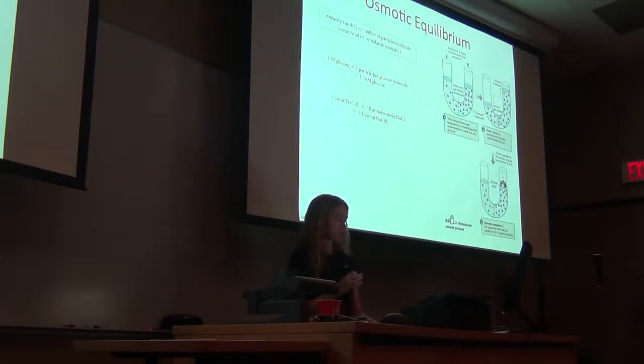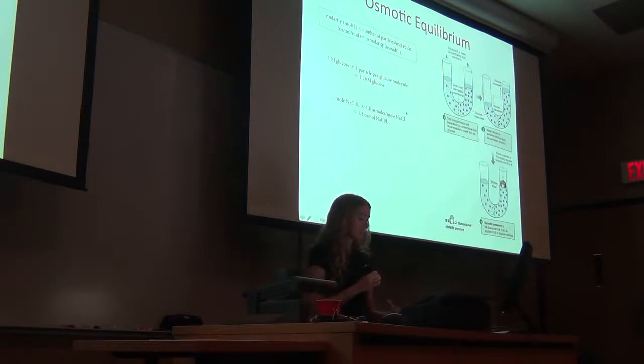Let's stop and think about that for a second. If you have a 1 molar glucose solution, 1 mole per liter, its molarity is actually the same as its osmolarity. That means there's 1 particle of glucose contributing to osmotic pressure.